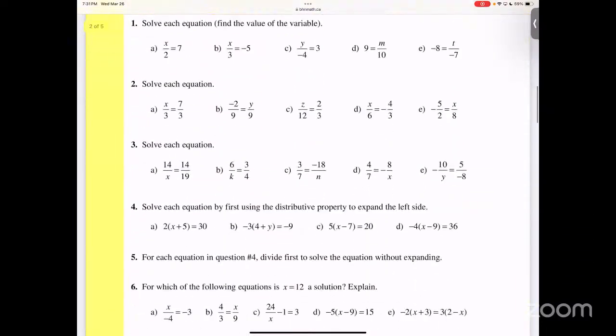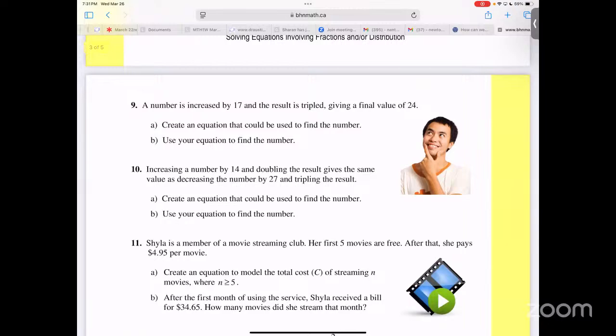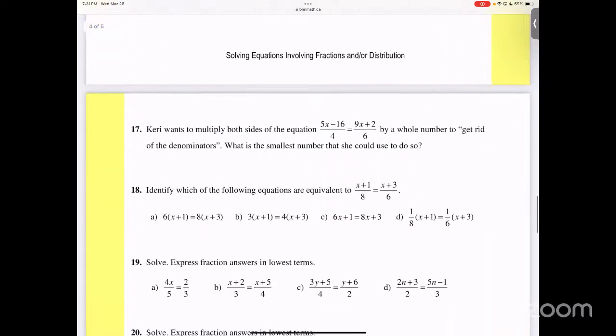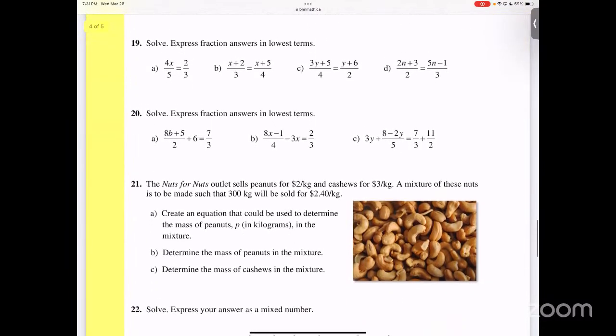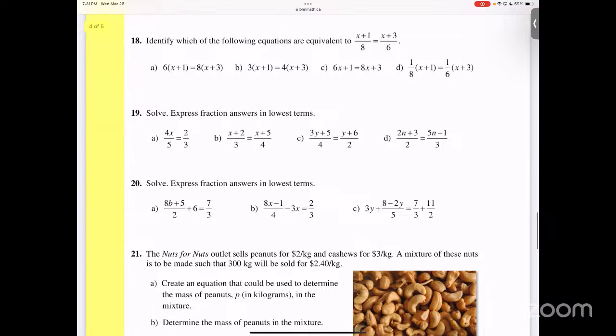I have tens of thousands of questions here. So we want to go back to some complex questions to work on. There are some really good complex ones there. Solving equations with fractions is a key.